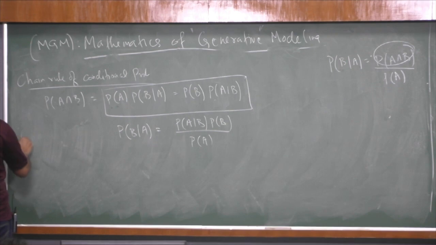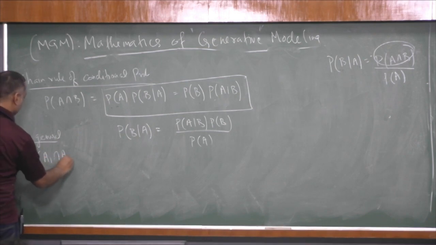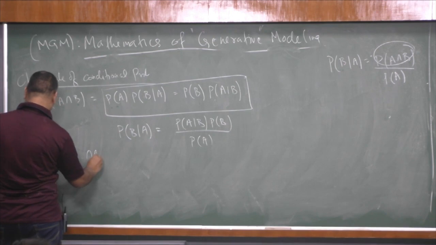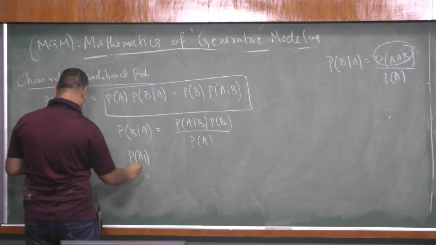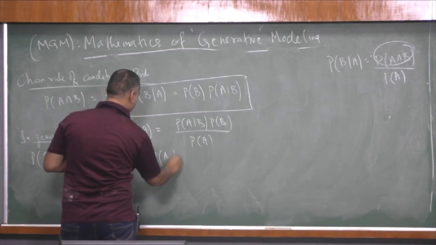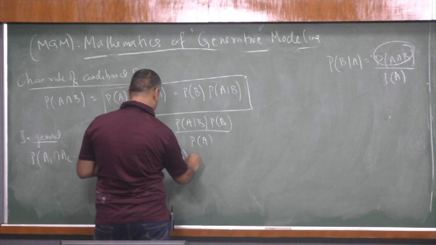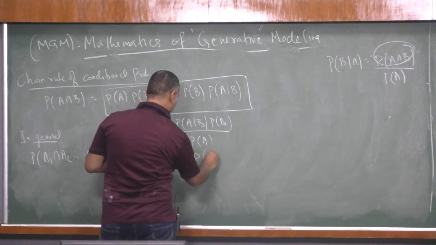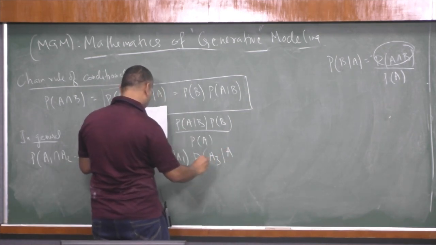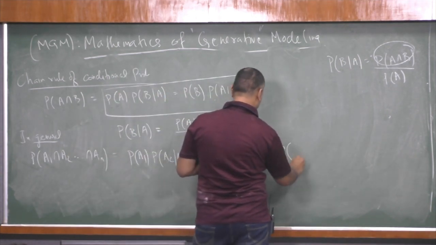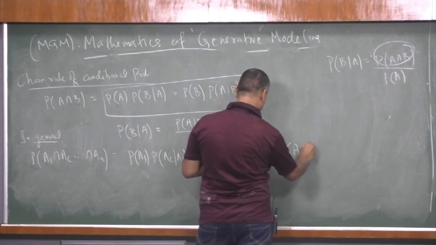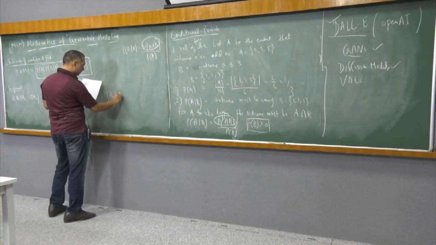So in general, I can write probability of A1 intersection A2 dot dot dot intersection of An, and this is probability of A1 and probability of A2 given A1 and probability of A3 given A2 comma A1 and so on.